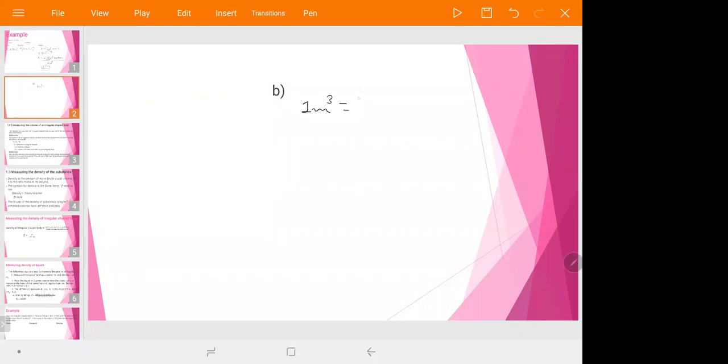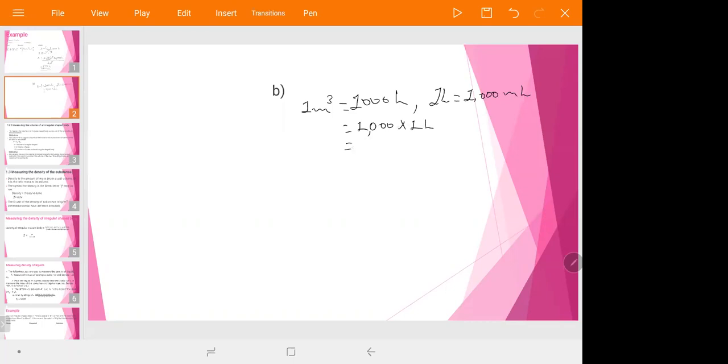Do you know this one? 1 meter cube is 1,000 liter. But 1 liter is equal to 1,000 milliliter. Therefore, if you express this one in milliliter, it is 1,000 times 1 liter.